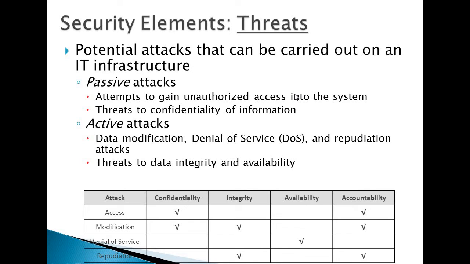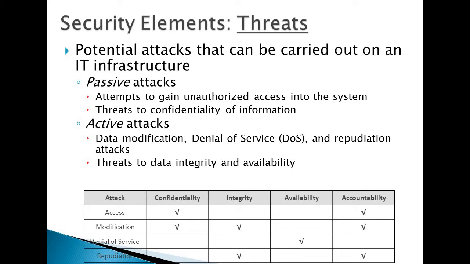Next element is threat. Threats are caused by attacks in IT infrastructure. An attack can be a passive attack or an active attack. Attempts to gain unauthorized access to the system are called passive attacks, and they affect the confidentiality of information.